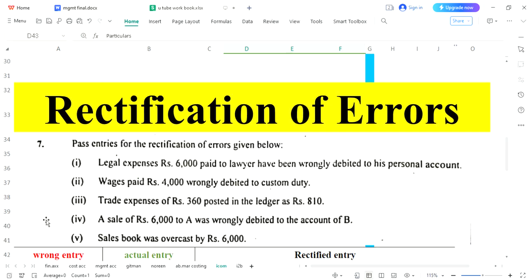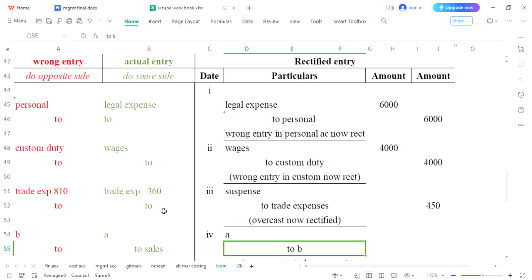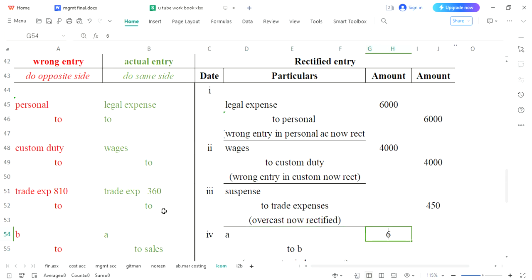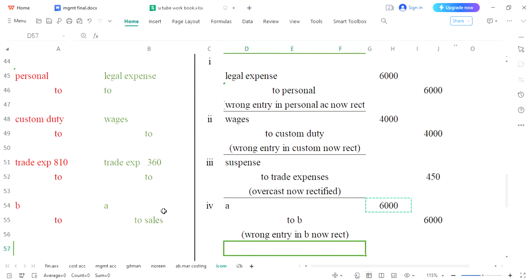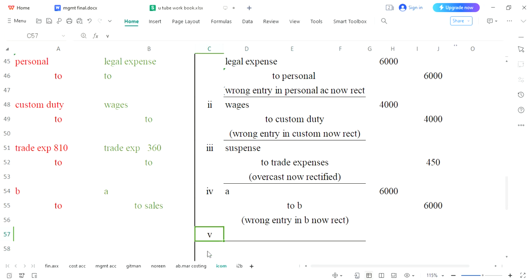Right, let's see how much the amount was. 6,000. So you will write 6,000 on the debit side and the same amount would be written on the credit side. So entry rectified is A to B. 4 entries completed. Now we will see the fifth entry.